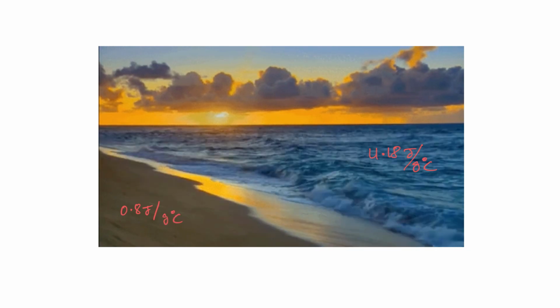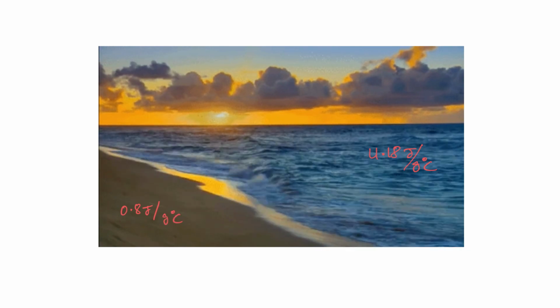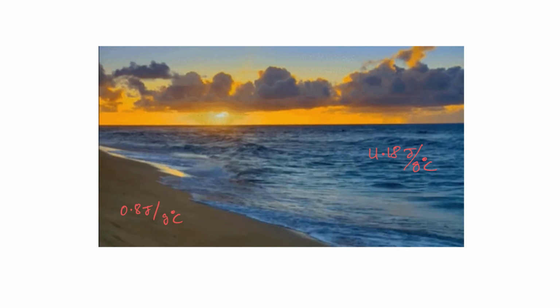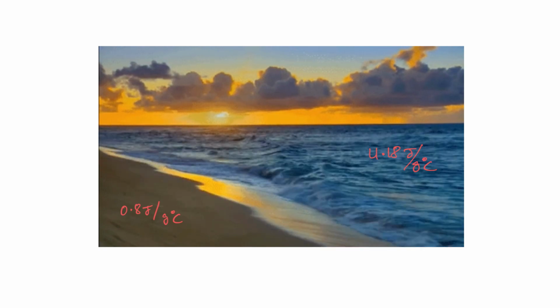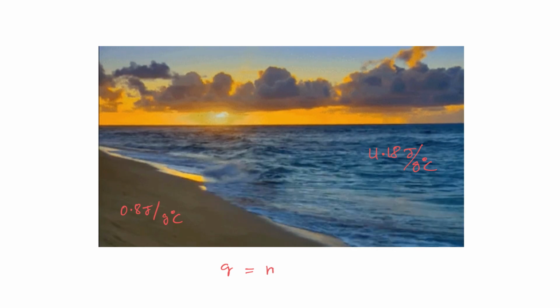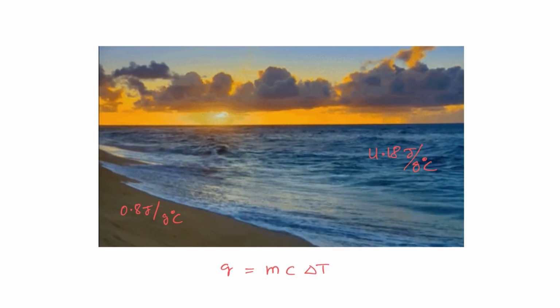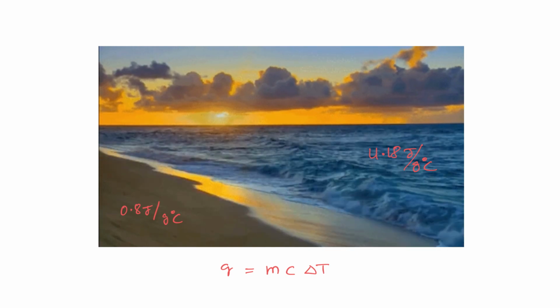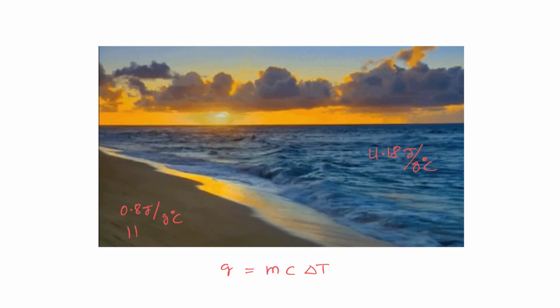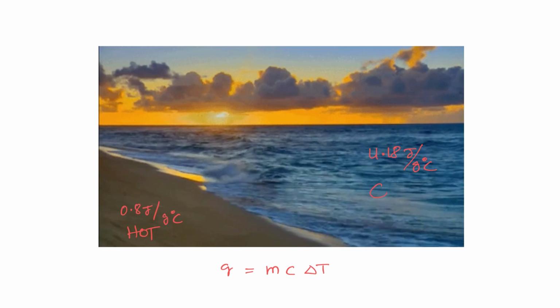For this reason, on a sunny day, when the same amount of heat is added to both sand and water, the temperature of sand increases by a greater amount than that of water. That is why we see hot sand and cool water on the beach.